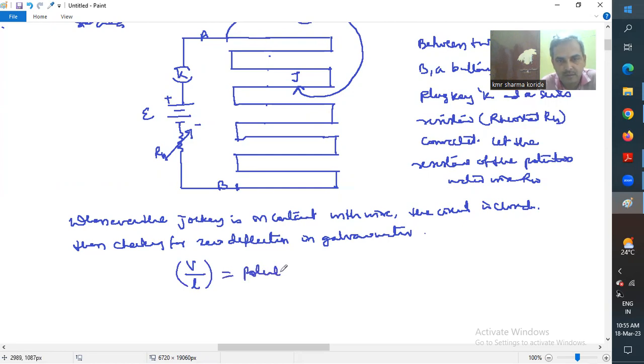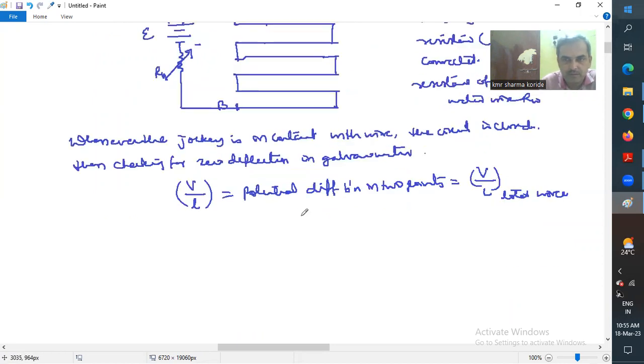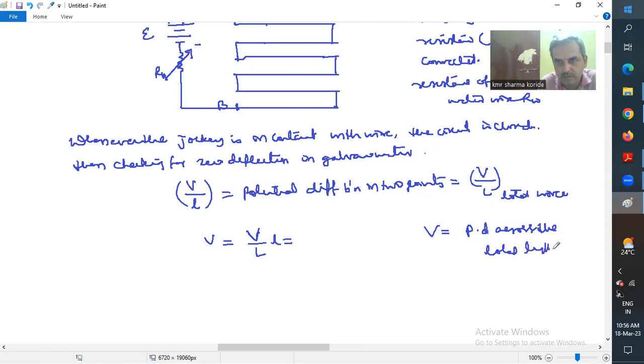Potential difference V between any 2 points of length small l is equal to capital V by capital L times l. Here capital V is the potential difference across the total length, and L is the total length of the wire.